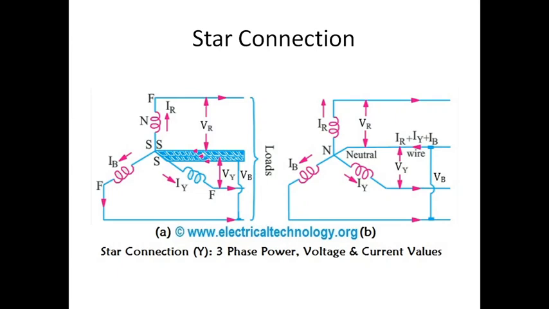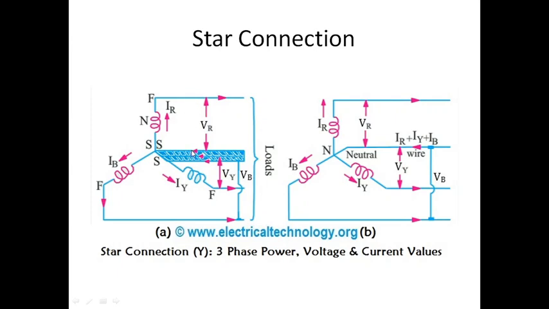IR is your current with respect to this particular wire, right? And IY means current with respect to this respective wire, and again IB, current with respect to this particular line.